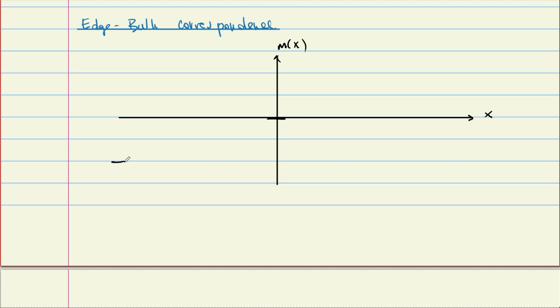Here you have m less than m star, here you have m bigger than m star. The transition can be sharp, but suppose it is smoothly connecting like this.